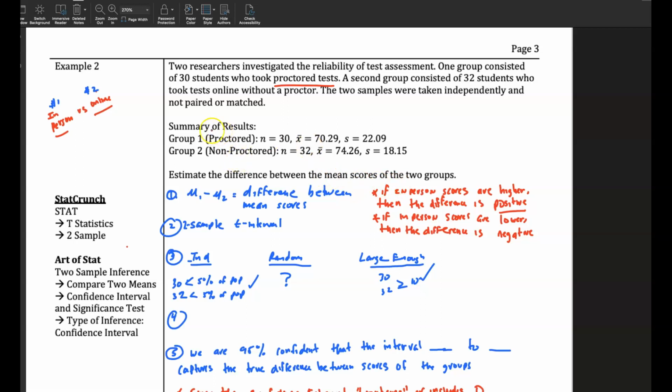We have the summary data to give us a sense of what the outcome is. But again, these are samples, and so what we're trying to estimate is whether there is a difference in the population, in the two groups of all students who take the test in person versus online.